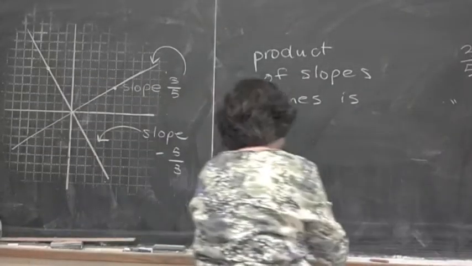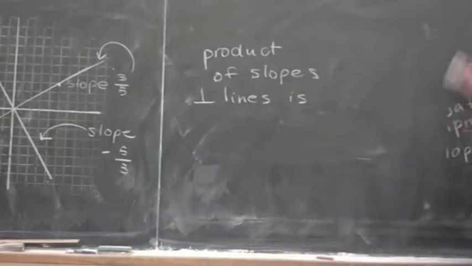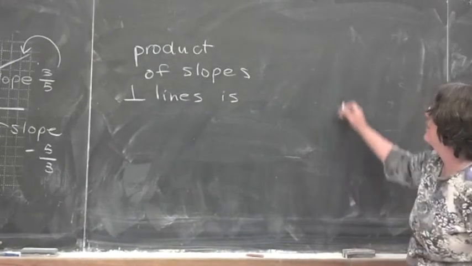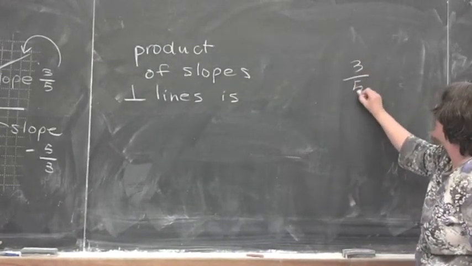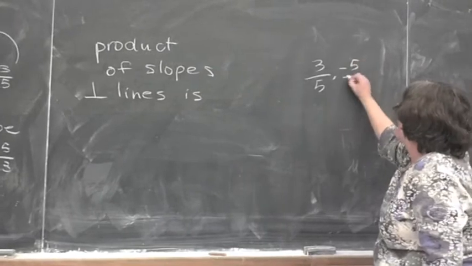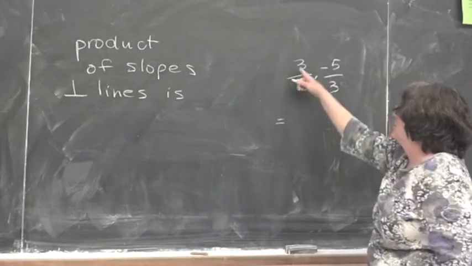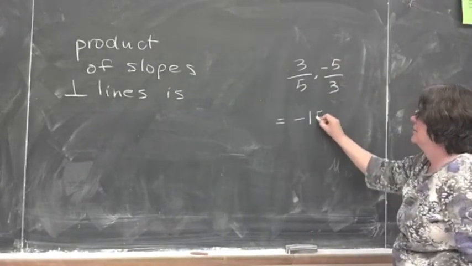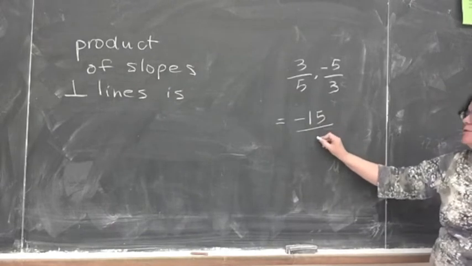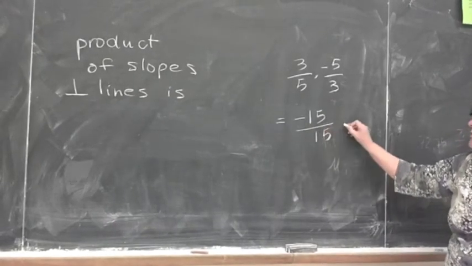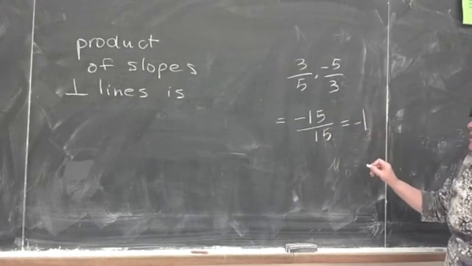Let's multiply 3/5 and negative 5/3 and find out what happens. 3/5 times negative 5/3. Multiply across the top, multiply across the bottom. That'll reduce to negative 1.